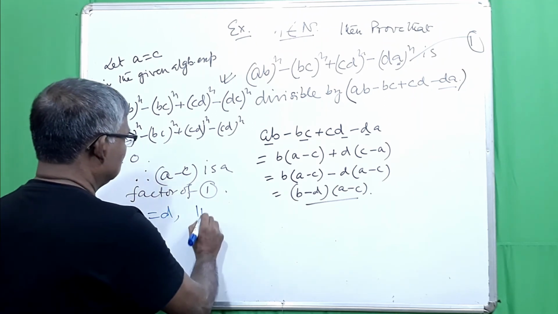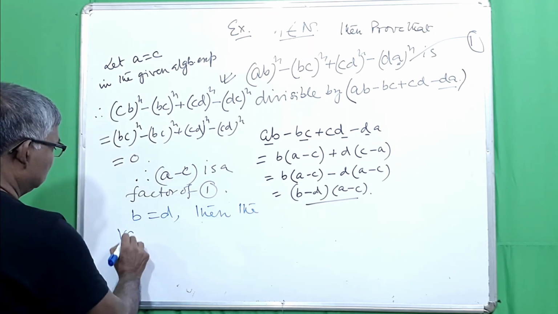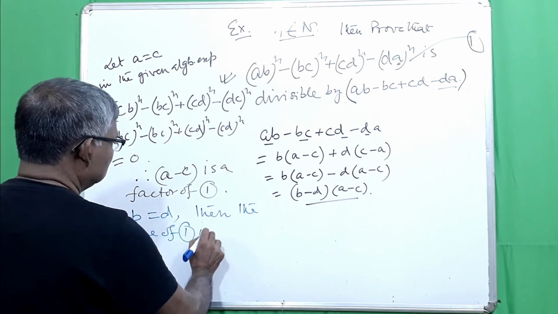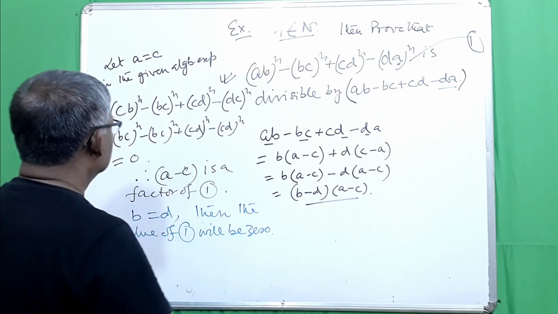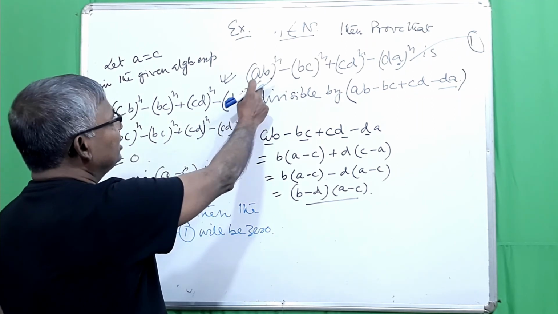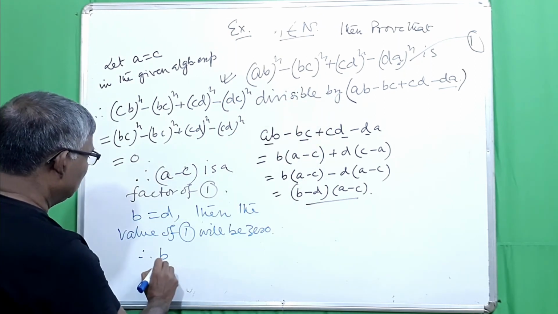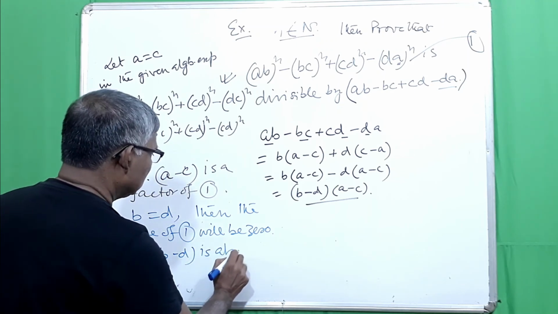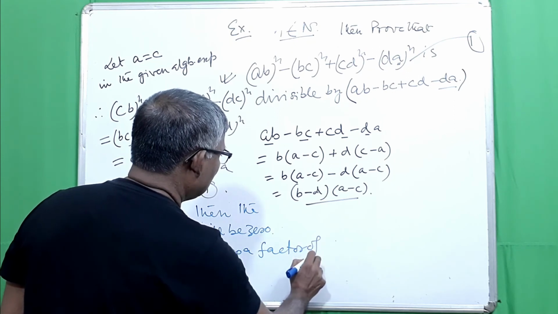then the value of 1 will be 0. If we put here b equal to d, then the value of the expression will be 0. Therefore, b minus d is also a factor of 1.